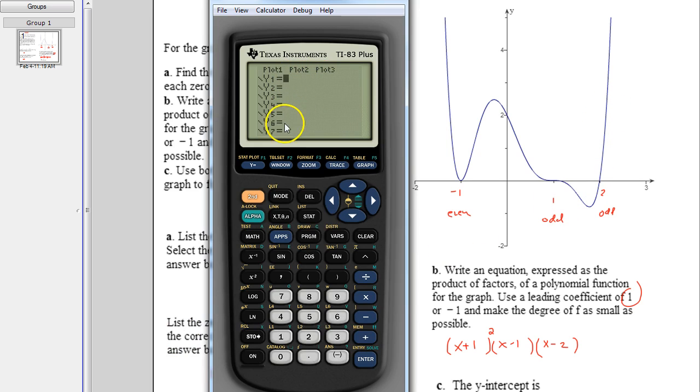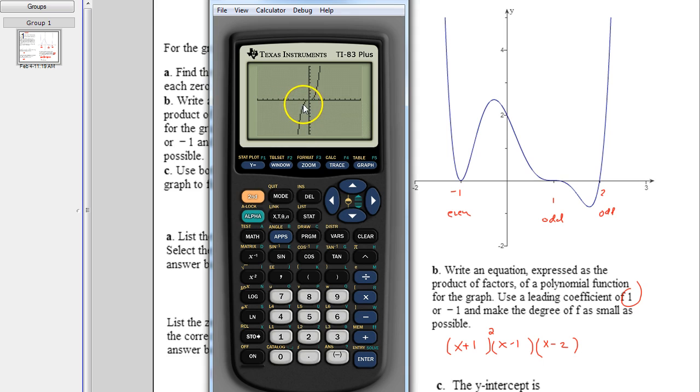Now I want to illustrate something to you with the calculator. If I make y equals x to the first, odd degree, and I graph it, notice it just goes straight across. Let me hit zoom 6. It just goes straight across at the origin. It doesn't turn, doesn't slow down. Now, if I go from the first power, which is odd, to the next biggest odd number, cubed, it doesn't go straight across.